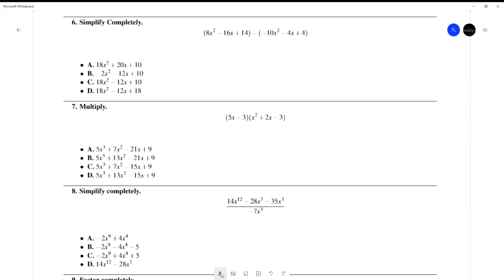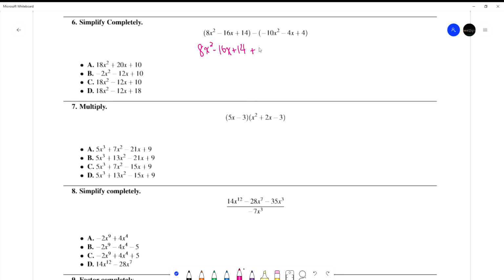Okay, next problem here. This is our combining like terms, right? And we have to first distribute to remove parentheses. So the first group here, you can just remove. So we get 8x squared minus 16x plus 14. Distribute this negative into the second group, right?